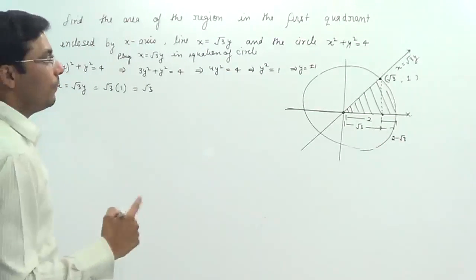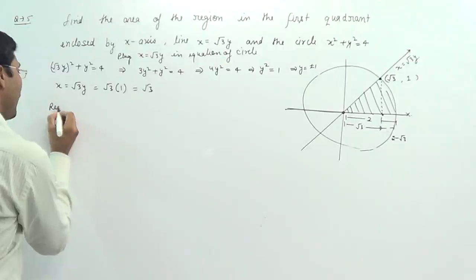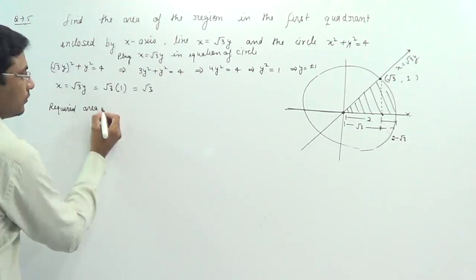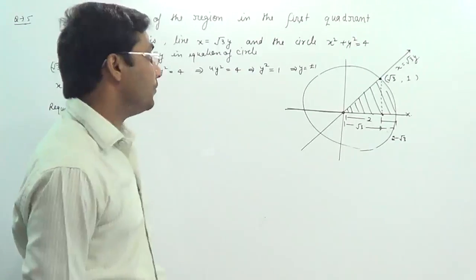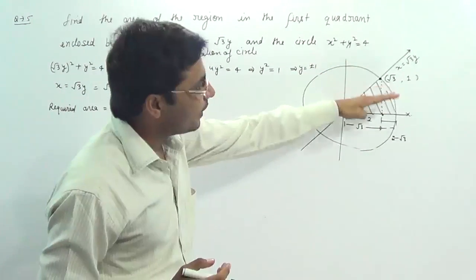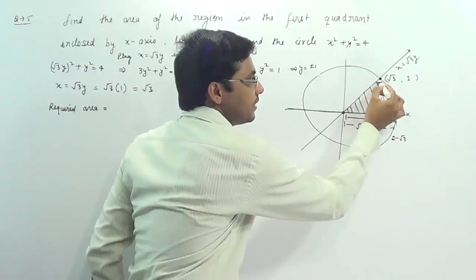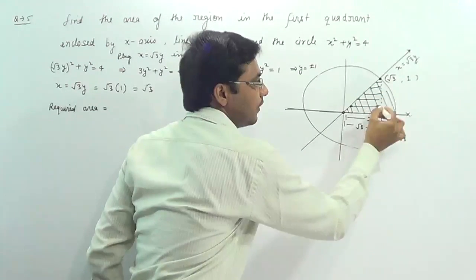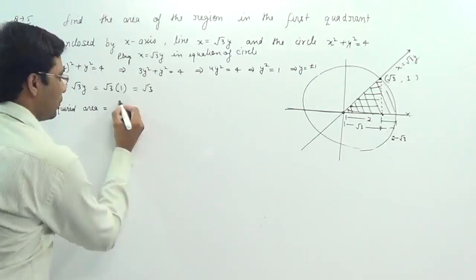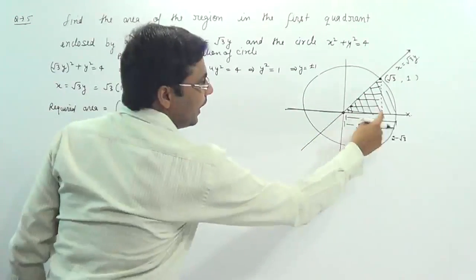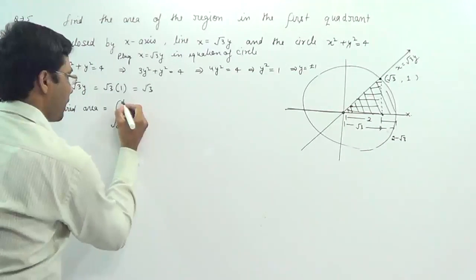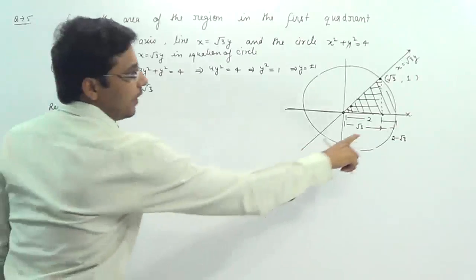Okay, now try to find the required area. To find the required area, first we will find the area under this straight line, which is this one. So the limits are on the x-axis from 0 to √3.